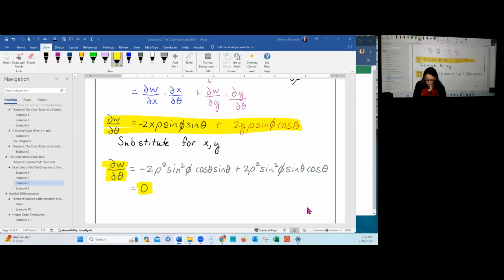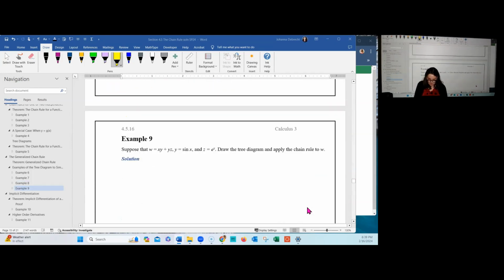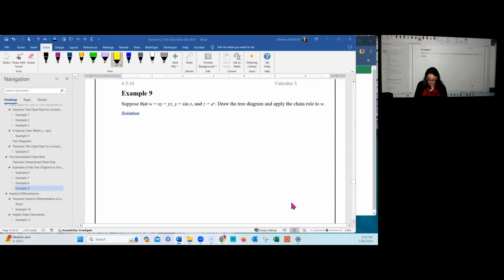Let's take a look at one more example. This is example 9. In example 9, we have w as a function of 3 independent variables again, x, y, and z. The expression for w is xy plus yz. So rather simpler than the last example that we did, which was quite complicated.